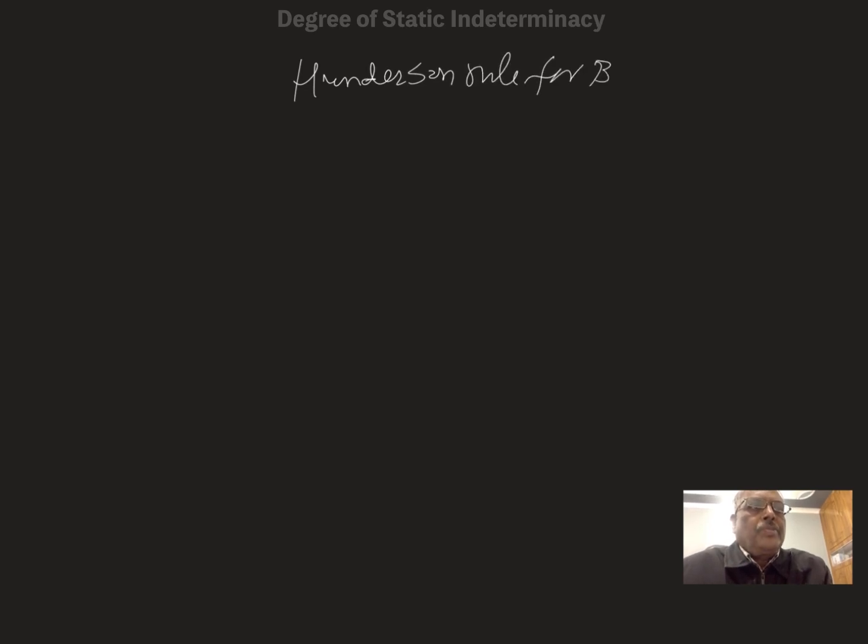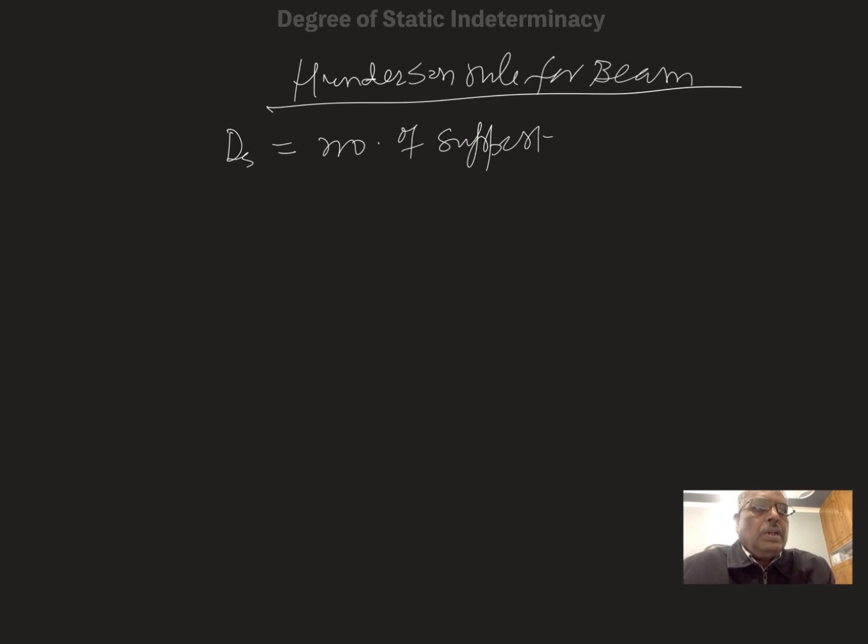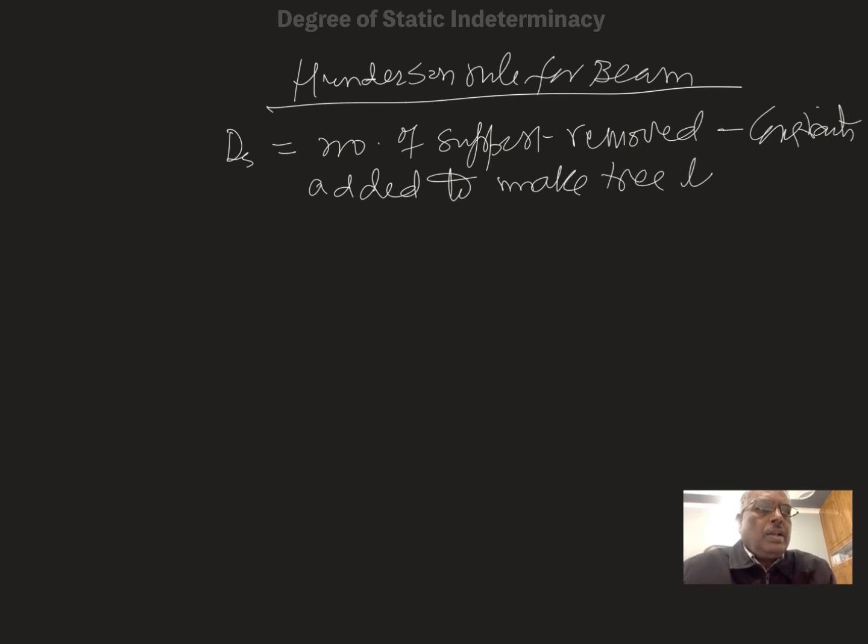Henderson's rule for beam says that the degree of static indeterminacy, ds, is the number of supports removed minus constraints added to make a tree-like structure.